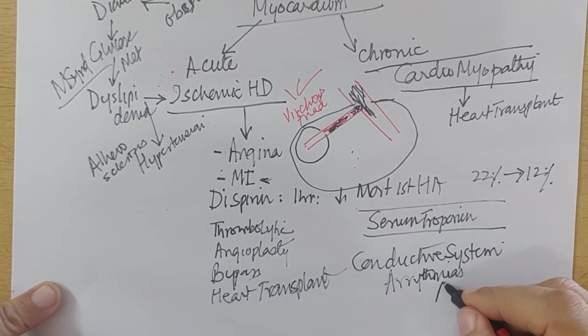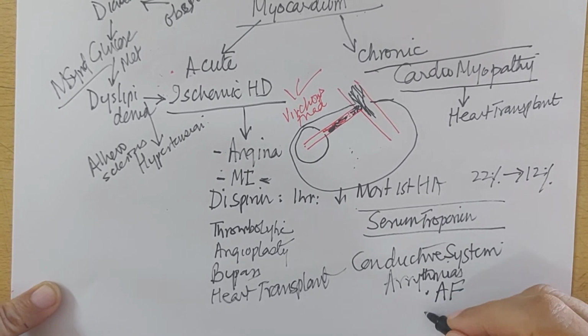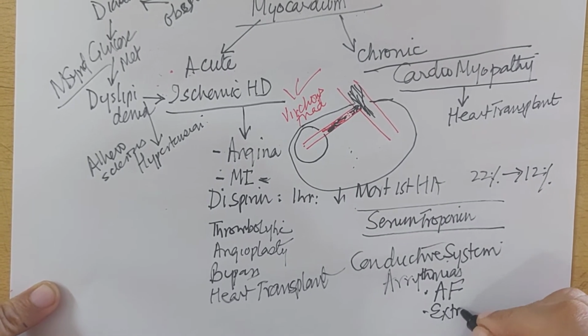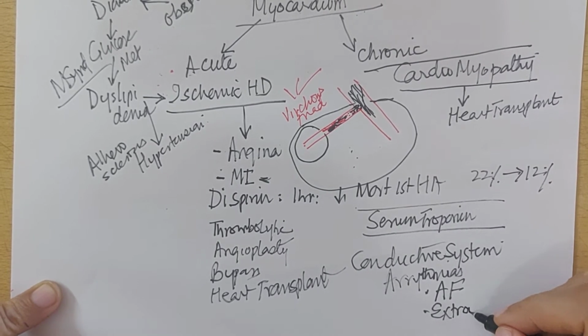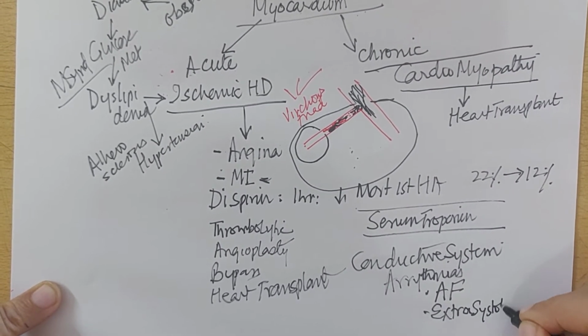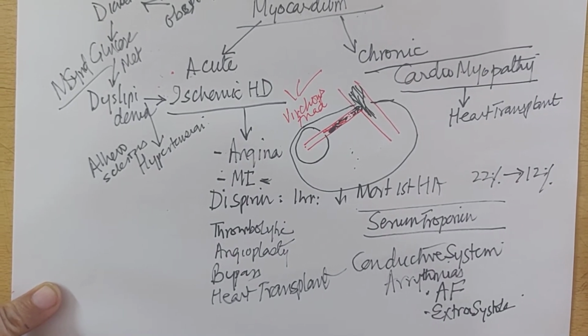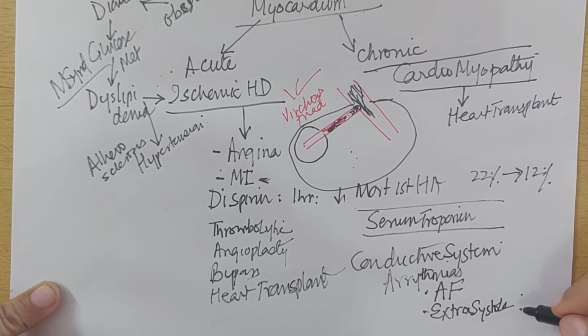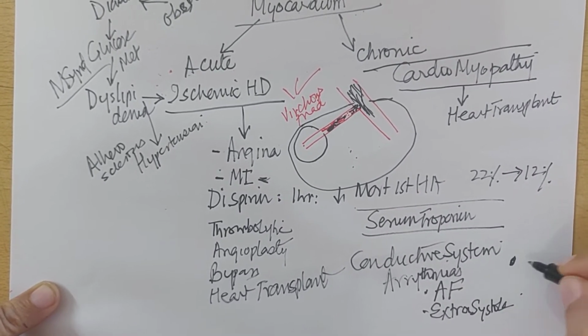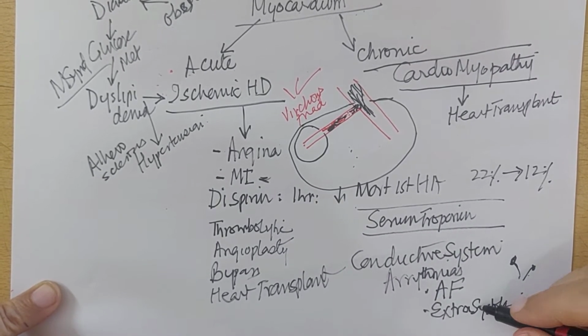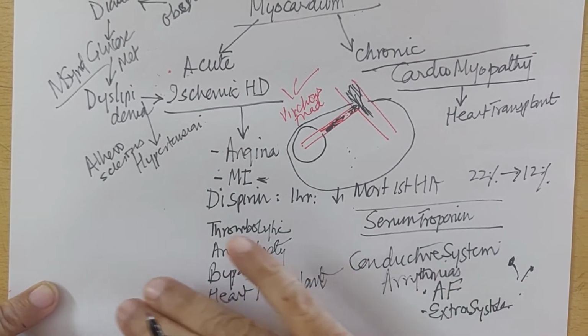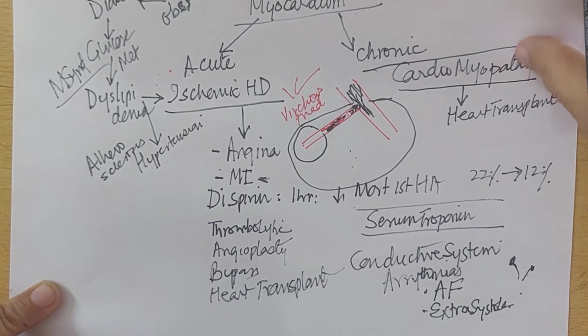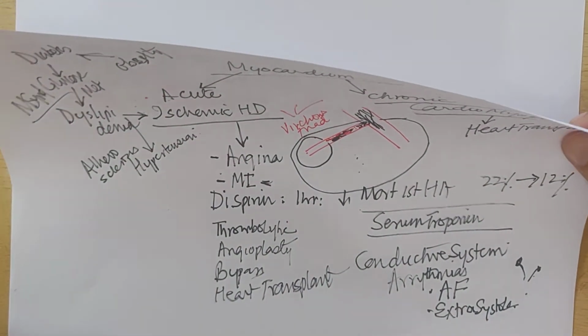I had told you about atrial fibrillation, and something short of atrial fibrillation can be extrasystole, when instead of one node, there is another node firing sometimes, and that can be an extrasystole. For that, let us understand a little about the electrocardiogram.